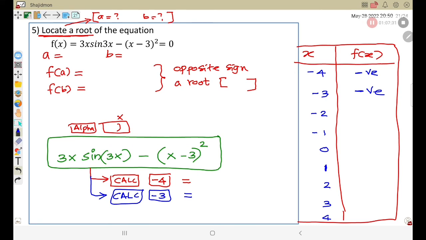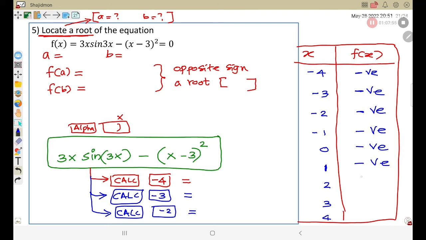So continue this step. Press the calc button, apply the third number, minus 2, press equal to, and check the sign. It is negative, correct? Continue: calc minus 1, that is also negative, calc 0, also negative, calc 1, also negative. These we cannot take.